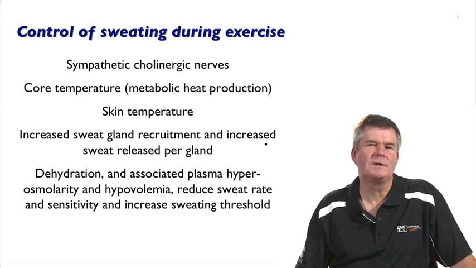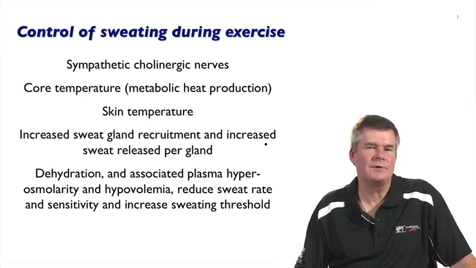The skin temperature can also influence the sweating rate. Cooling the skin will tend to reduce sweating. Warming up the skin will tend to increase sweating. But the relative importance of the core and the skin is very much weighted in favour of the core, in the order of about 10 times in terms of the relative signal to sweating.